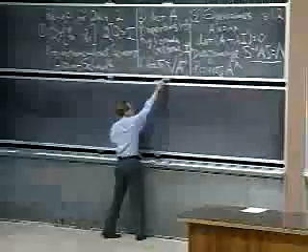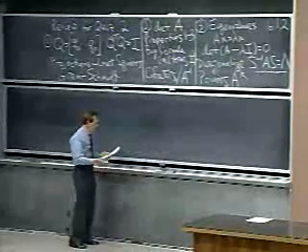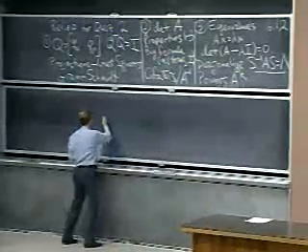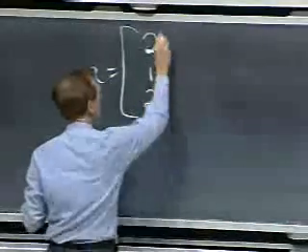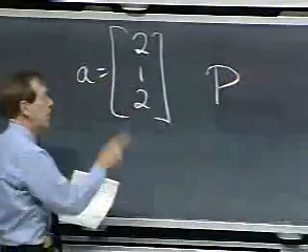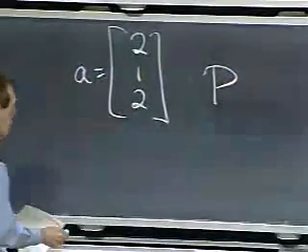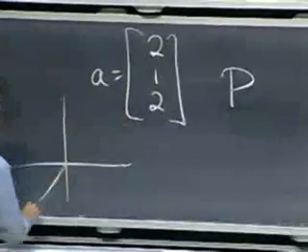Okay. So the first question is about projections. It says we're given the line, the vector a is the vector 2, 1, 2, and I want to find the projection matrix P that projects onto the line through a. So my picture is, well, I'm in 3 dimensions, of course.